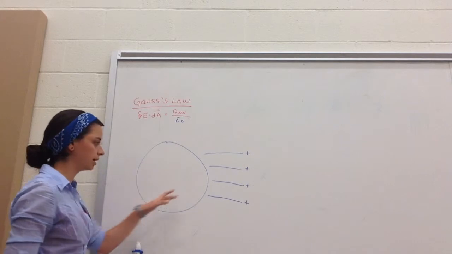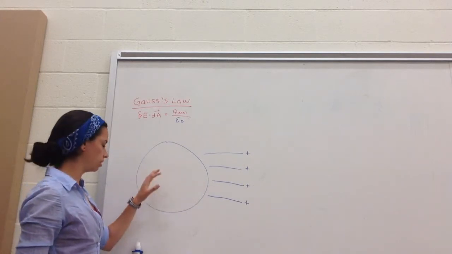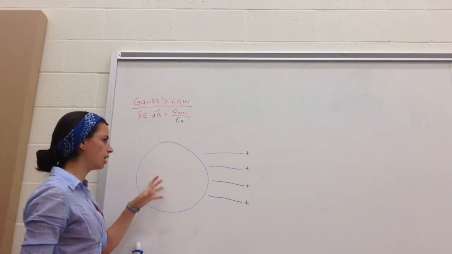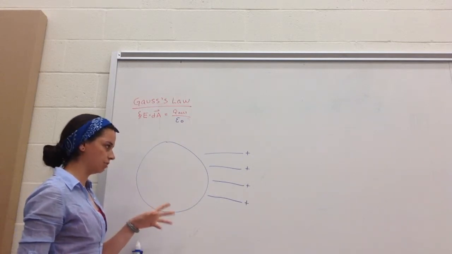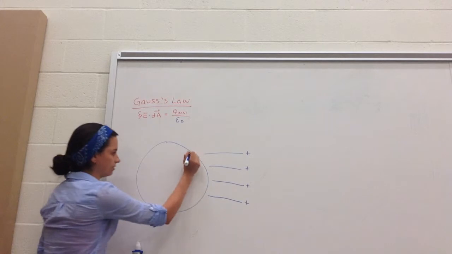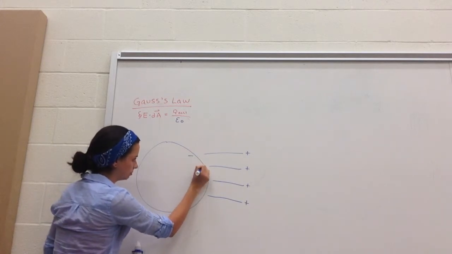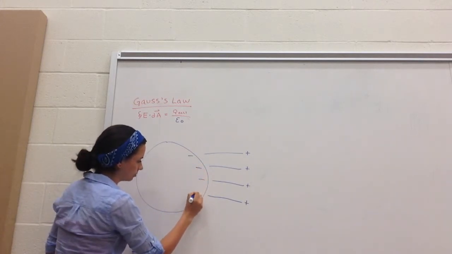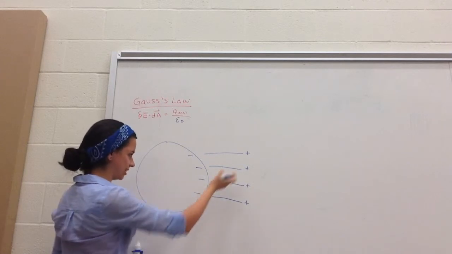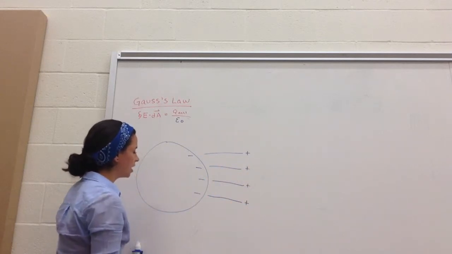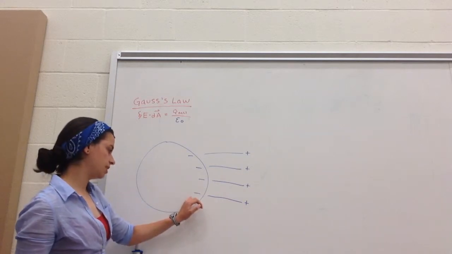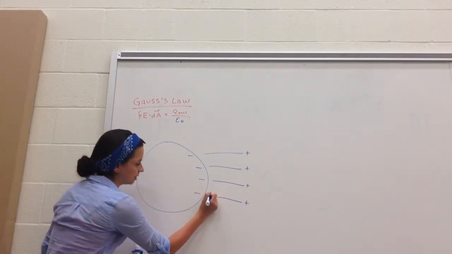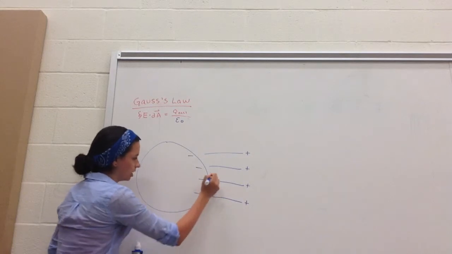And since this is a conductor, and the electrons and charges easily set themselves up in ways that obey those laws, we're going to get a lot of negative charges on this side. Well, we'll get 4 negative charges on this side, so we have 4 positive charges. And field lines start on positive charges and they terminate on negative charges. So as soon as this field line hits that negative charge, it's going to stop.